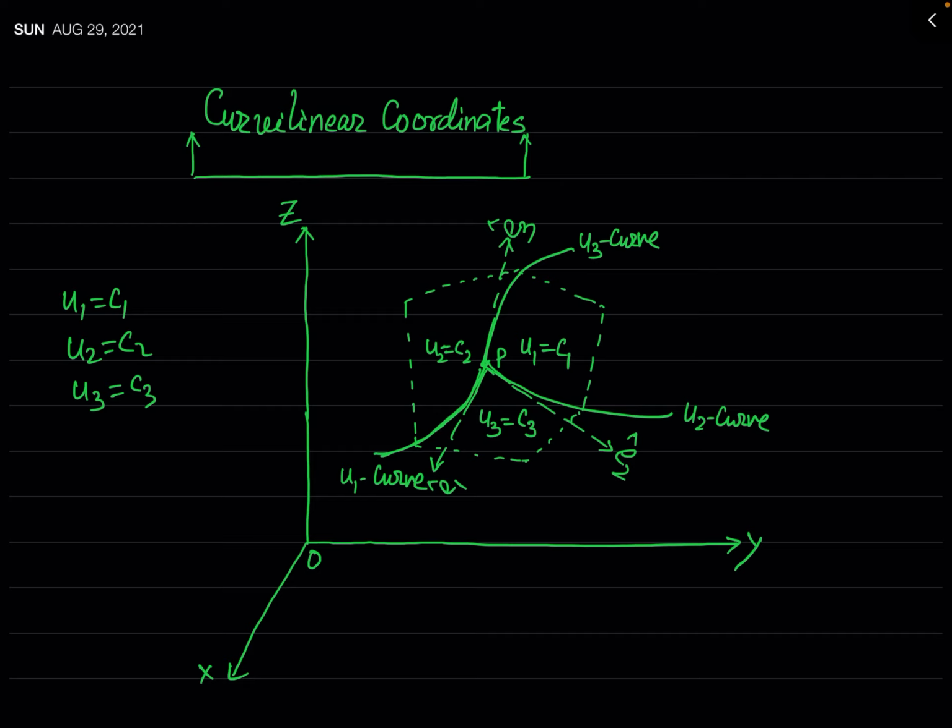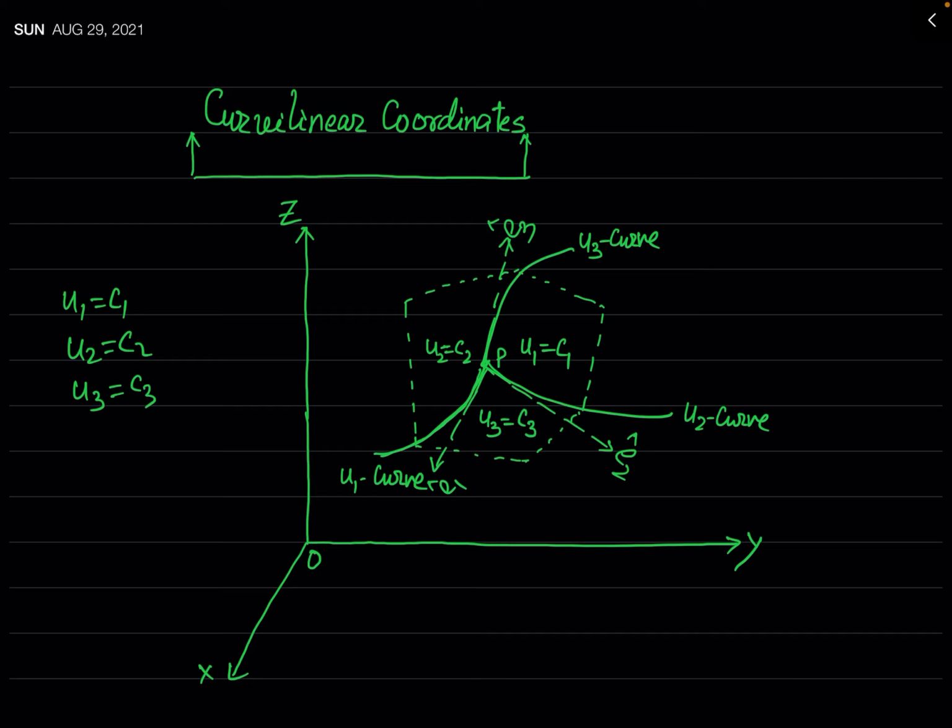And similarly, the intersection of the surfaces u2 equal to c2 and u1 equal to c1 is the curve u3. Actually, these quantities c1, c2, c3 are constants, and u1, u2, u3 are single valued functions of positions.